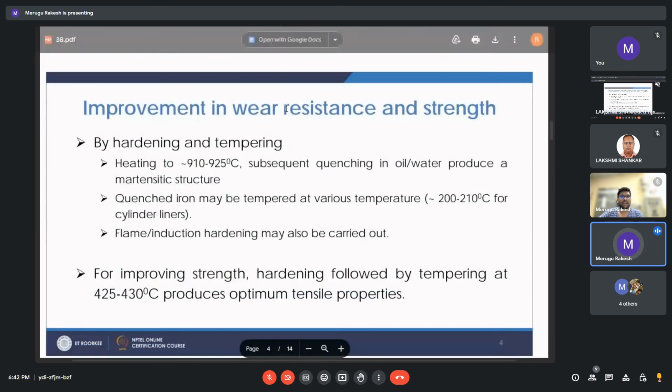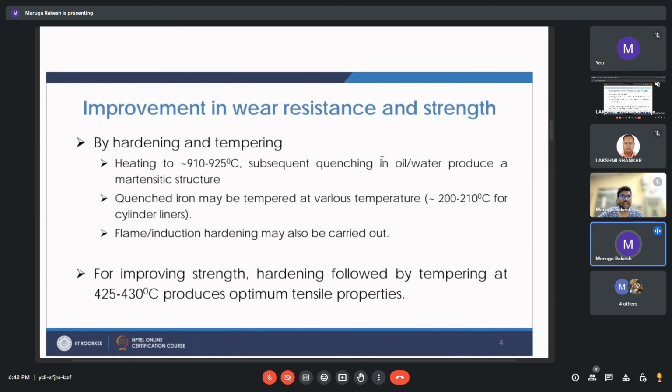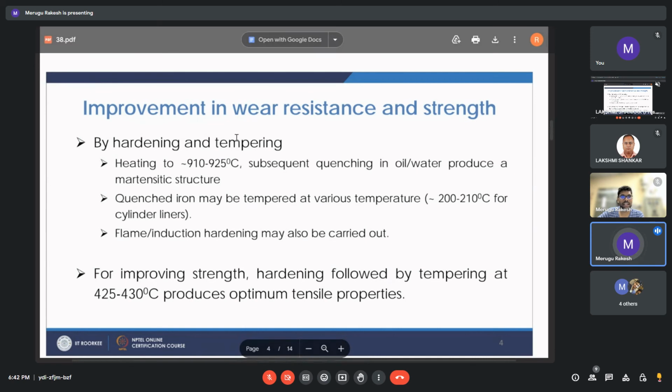Then comes wear resistance, which is the main application of this heat treatment. Generally we have many gears used in automobiles or other equipment that need very good wear resistance. We heat them to a high temperature and then quench in oil or water.